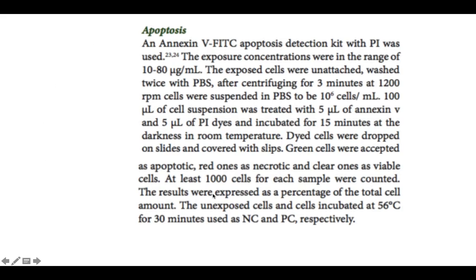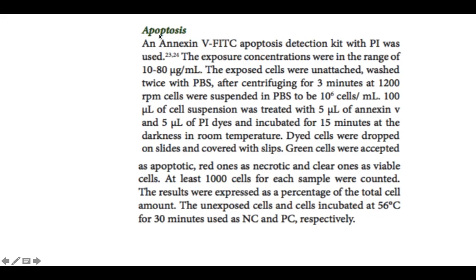Okay, now I show you an example. This is a step in academic writing, but the example title is not too good because it only shows apoptosis.